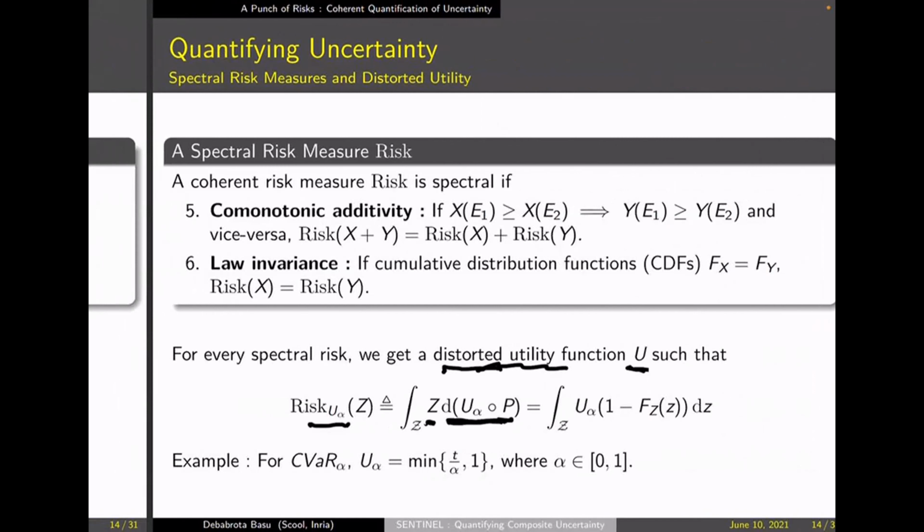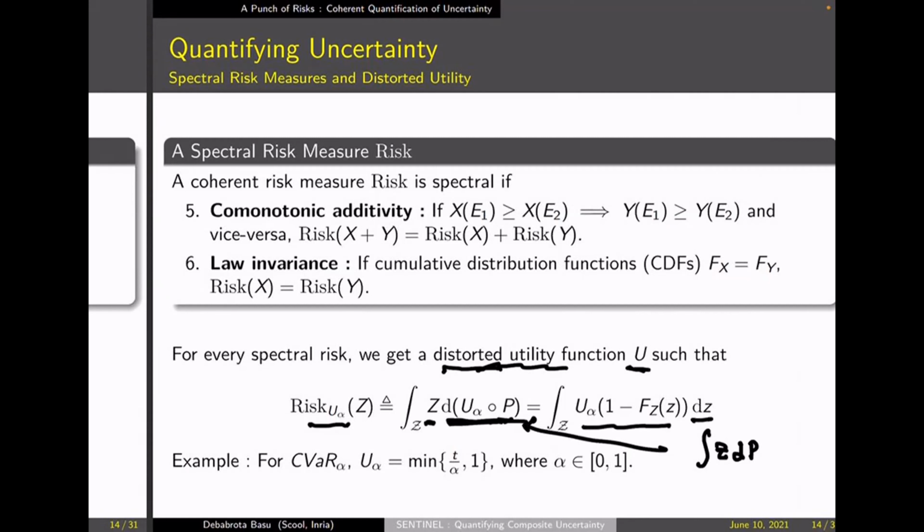We know for expectation we always write it as the integration of Z dP, but in the case of risk, it is exactly just this change. You weigh your events a bit differently depending on a distorted utility function. It distorts your corresponding density function. And you can equivalently write it like this with some change of variable in integration.